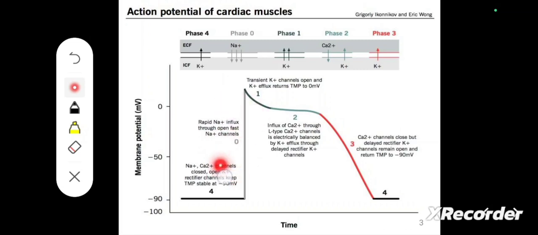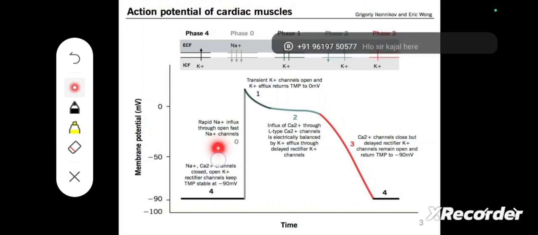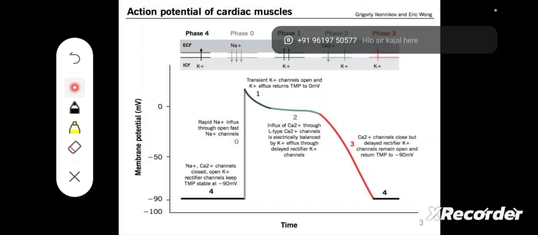At the same time, L-type or slow calcium channels also open at about minus 40 millivolts, causing a slow but steady influx of calcium ions. So calcium ions also enter the myocytes along with sodium ions.